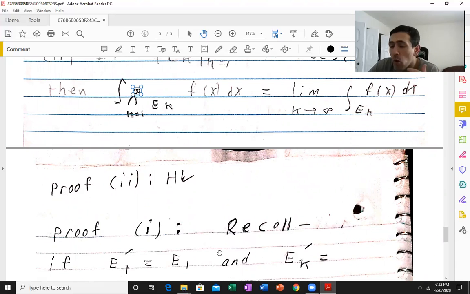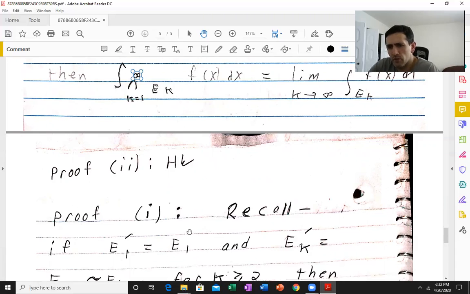That's the whole point. This should follow from the countable additivity of integration, just like the continuity of measure was immediately proved by the countable additivity of Lebesgue measure.